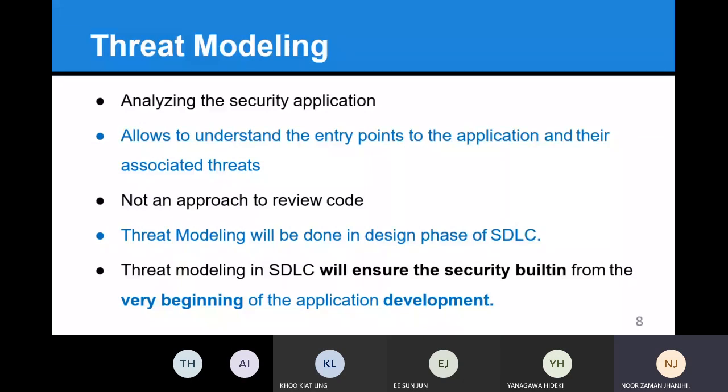You cannot go directly and say, okay, give me the paper and this is your threat model. No, you need to read the process of the system, read the requirement of the system to understand the system completely. Then you will be able to know where these vulnerabilities and points of weakness are which you can address. So this allows you to understand the entry points to the application and their associated threats.